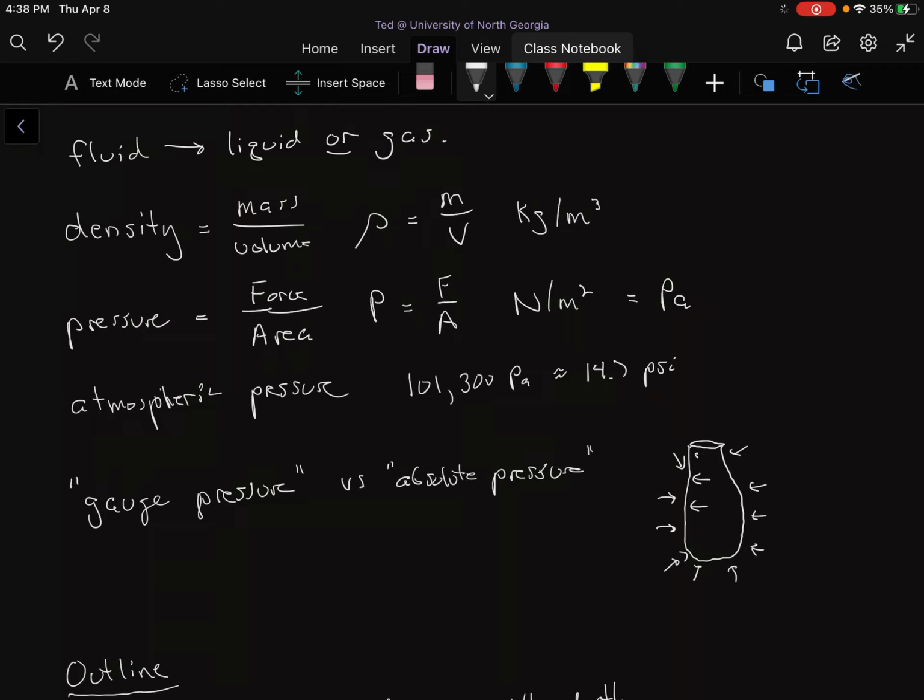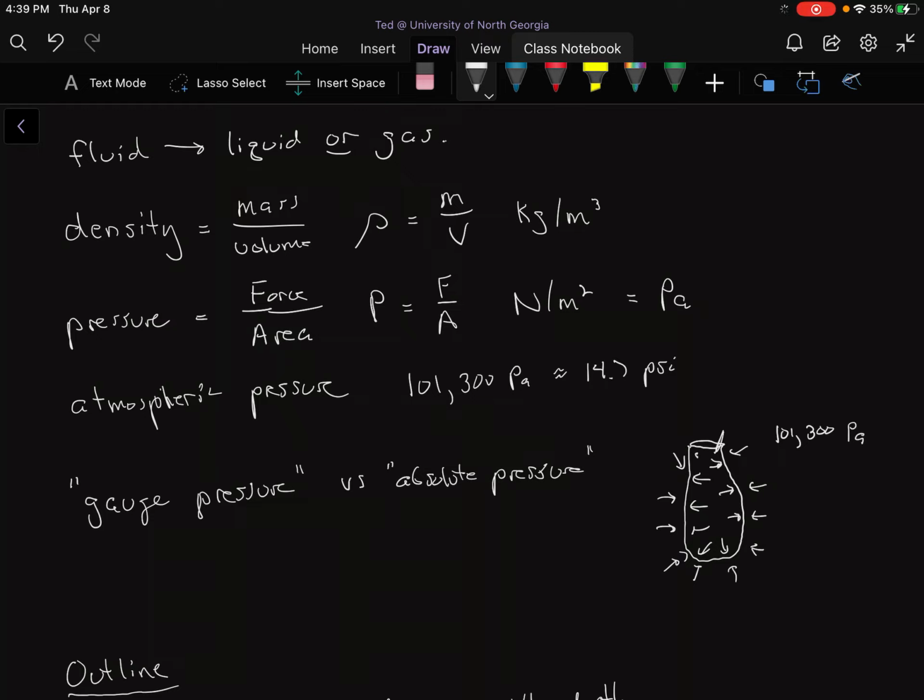And so we've got air pushing on the outside, and we've got air pushing on the inside, and the pressure out here is 1 atmosphere, about 101,300 pascals, and the pressure on the inside is also 1 atmosphere, about 101,300 pascals. But you see that the net effect here is nothing, right? The air pushing on the outside of the bottle and the air pushing on the inside of the bottle exactly cancel each other, so it's almost like there's no pressure at all.